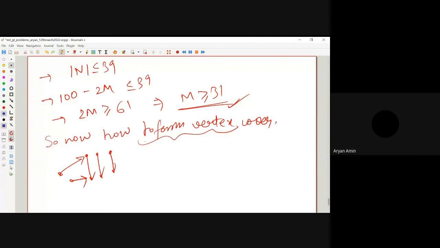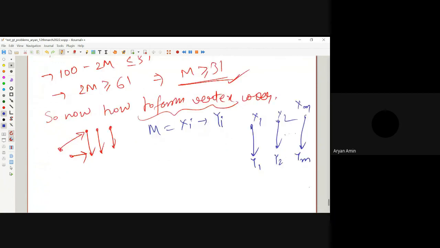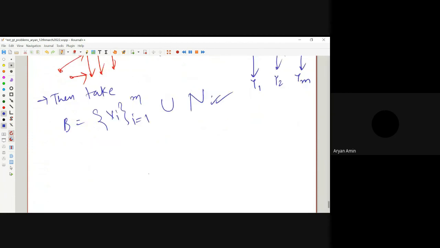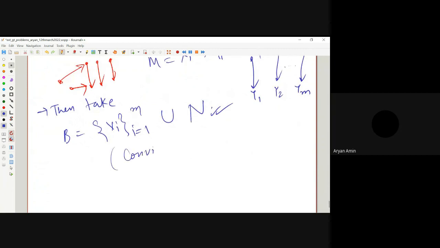This is actually easy. Suppose M was of the form xi to yi, where this was x1 to y1, x2 to y2, and so on up till xm to ym. Then take the vertex cover B to be all the xi's union N. Convince yourself that this works.